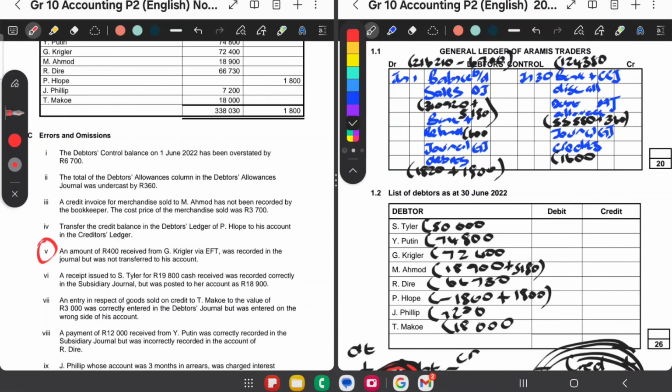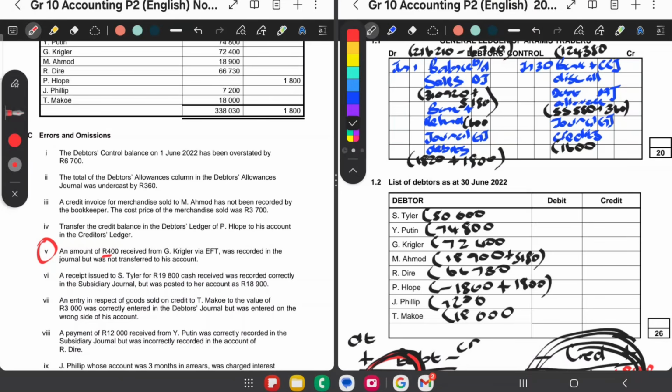Okay, next adjustment. So an amount of 400 Rand received from G. Kriegler via EFT. So we received an amount. Was recorded in the journal. Okay, so it is in the debtors control account, but it wasn't transferred to his account. So he paid us. Okay, it's a debtor. He paid us. So we received a payment.